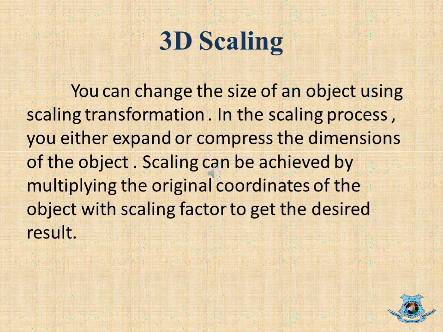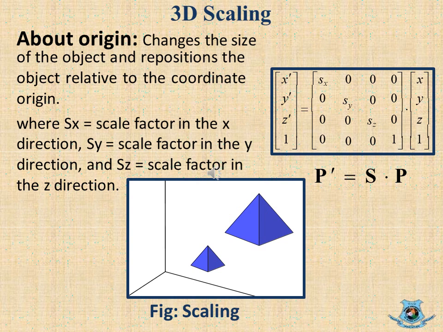Scaling can be achieved by multiplying the original coordinates. Scaling about the origin changes the size of the object and repositions the object relative to the coordinate origin, where Sx is equal to the scale factor in the x direction, Sy is equal to the scale factor in the y direction, and Sz is equal to the scale factor in z.